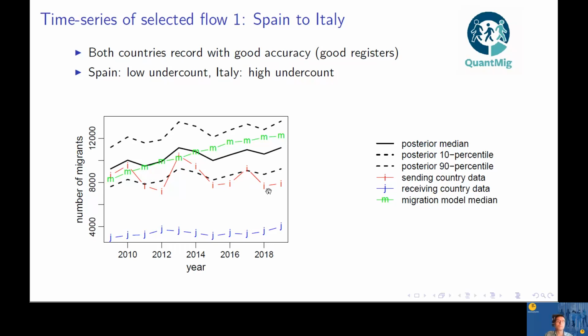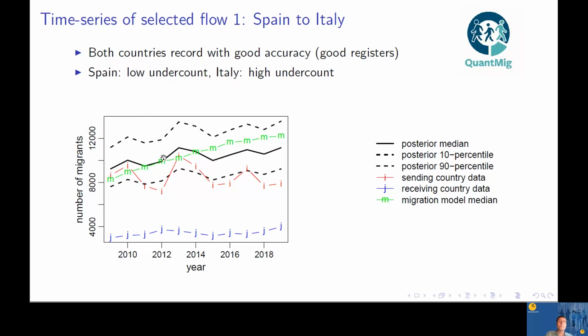Spain is a low undercount country, so there is some uplift to the posterior medians to account for the undercount also in Spain. Both countries are assumed to be accurate. Therefore, the way the model works, if we have accurate reported data, then the trend in the posterior medians will tend to follow the reported data rather than the migration model.